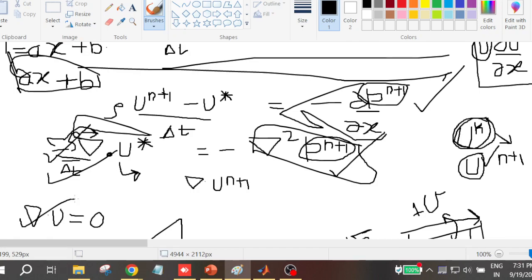But if there is no diffusion, only convection, then it is infinity. So there is a small diagram which I was not able to understand.